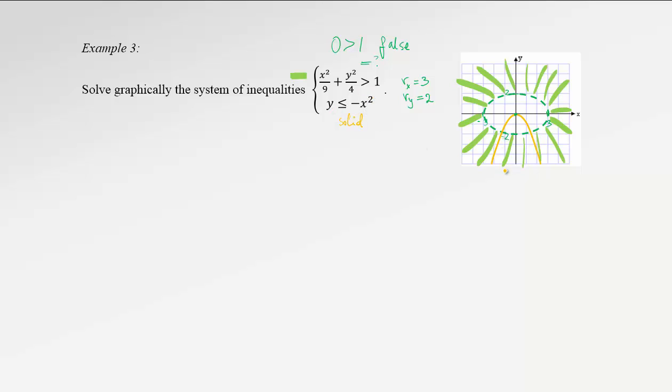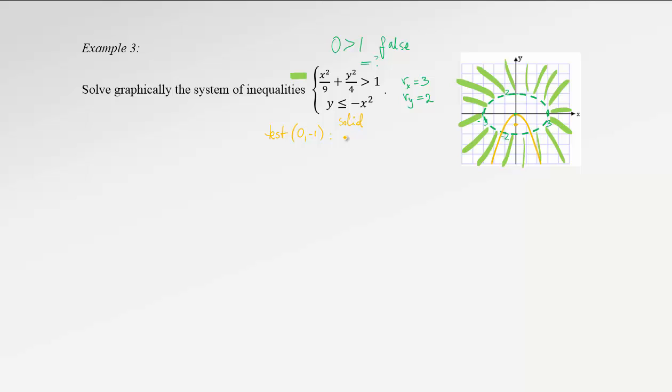That's my intuition. But let's say if I'm not quite sure about it, let's choose a testing point. Which point should we use? Well, this time 0, 0 won't work because it's on the curve. So let's choose something else. For example, 0, negative 1. So if I test 0, negative 1, 0 is for x, negative 1 is for y.